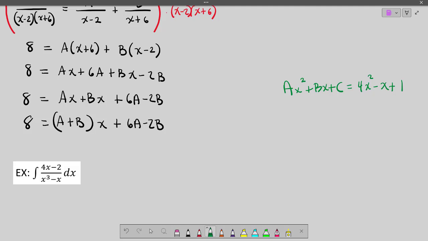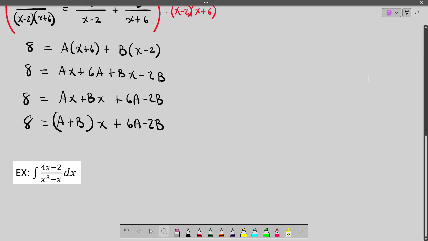What b has to be? -1. C has to be? 1. Correct. The only way two polynomials can be equal is if the corresponding coefficients are the same. Coefficient of x squared matches. Coefficient of x matches. Constants match.